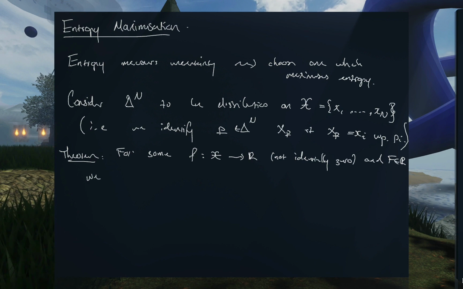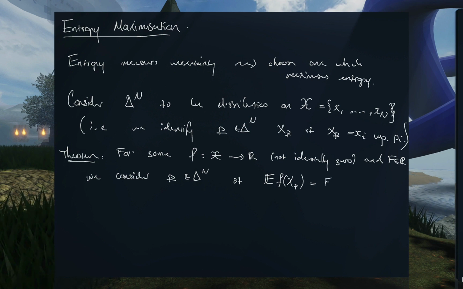We consider the distributions such that the expected value of f with respect to this distribution is capital F. Okay, to spell this out, because we'll need to look at this formula later, that means precisely this. Cool.